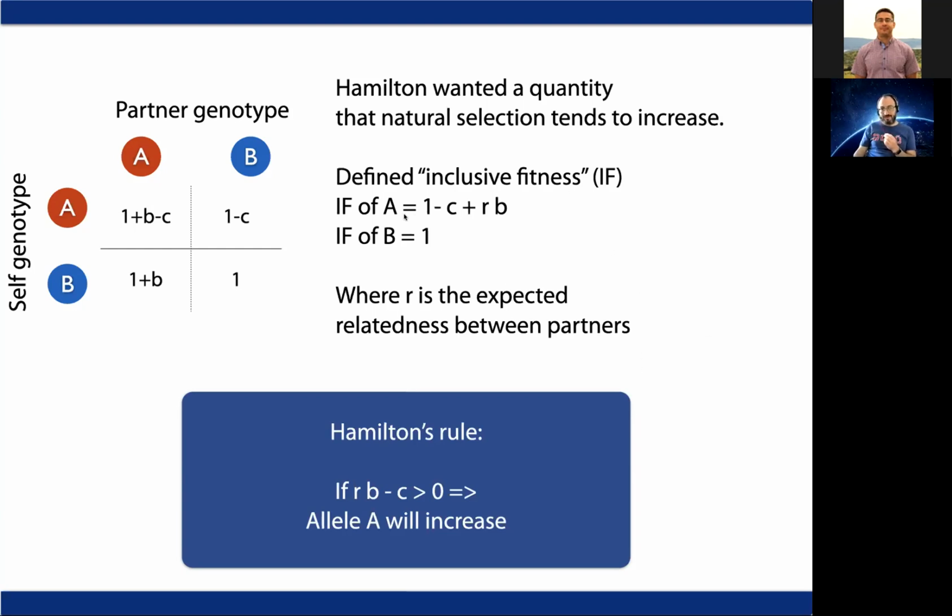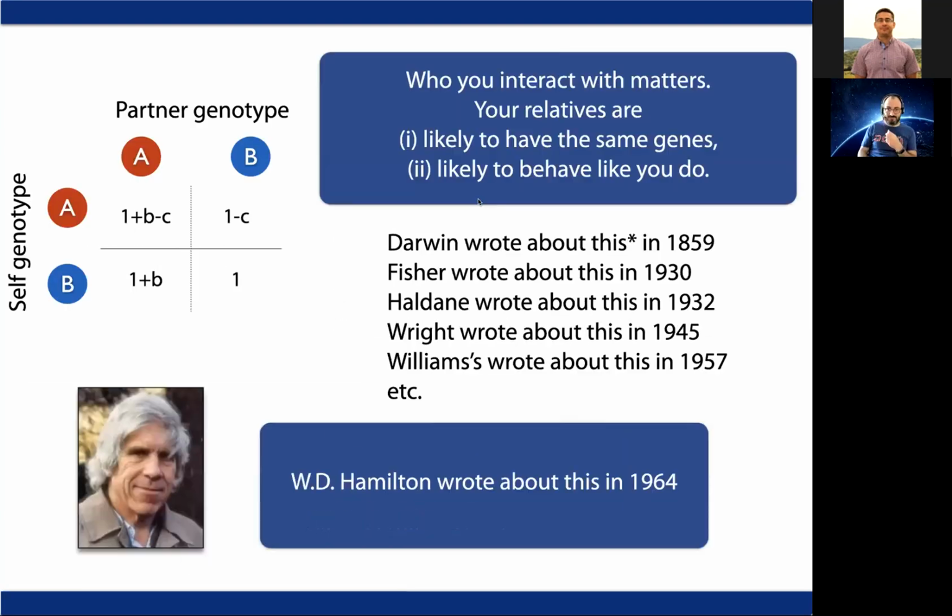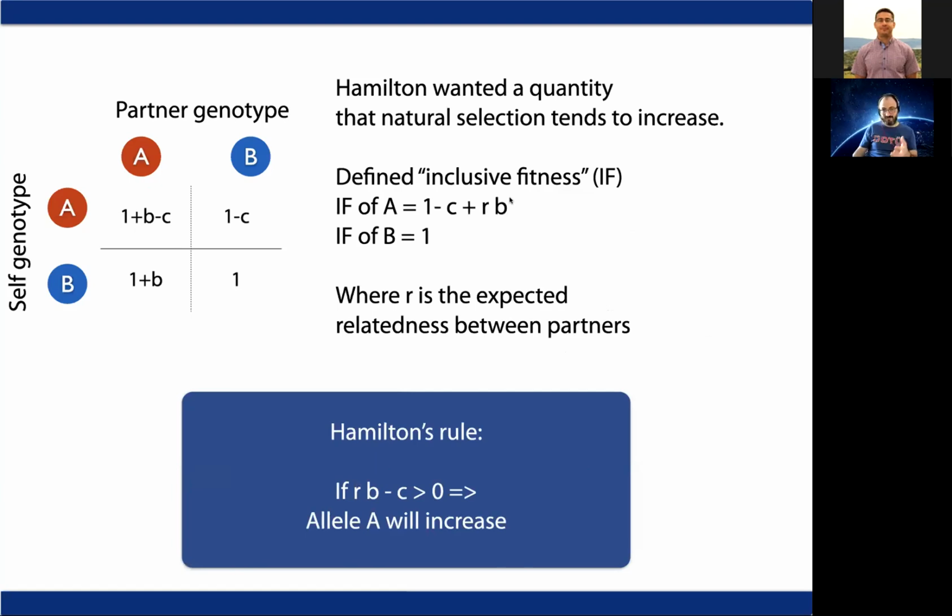In particular, he defined this quantity, inclusive fitness, which was R, the relatedness coefficient, times B, minus C. That would be the inclusive fitness effect, and inclusive fitness would be 1 plus that effect.